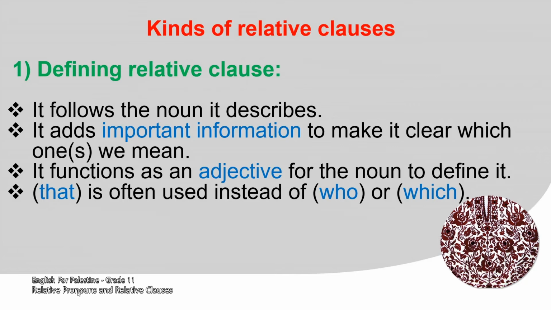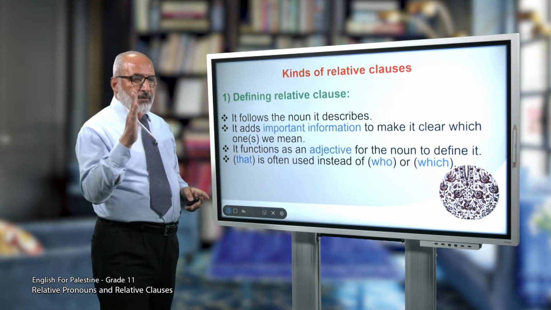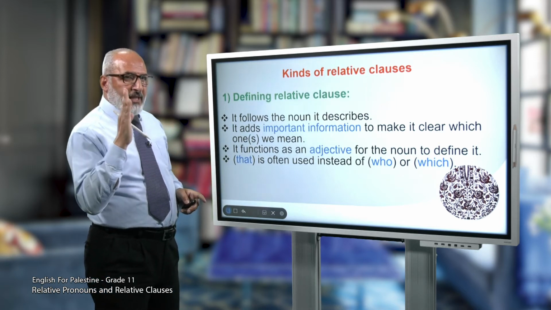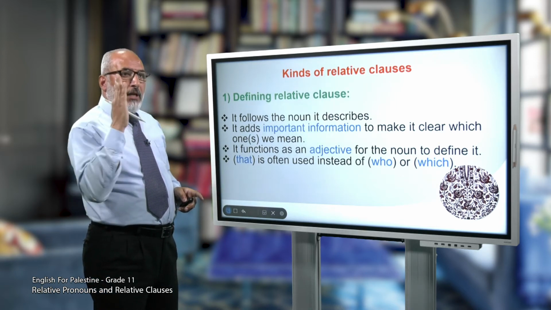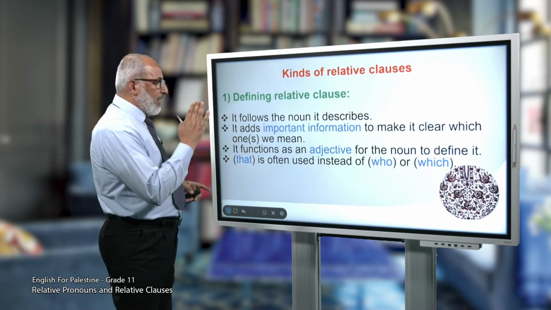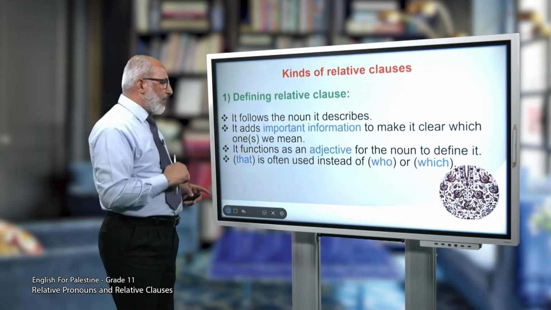The first one is the defining relative clause. What is a defining relative clause? It follows the noun it describes. Be careful that a defining relative clause follows directly the noun it describes. This is number one.